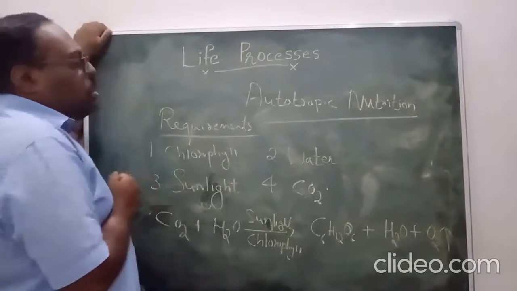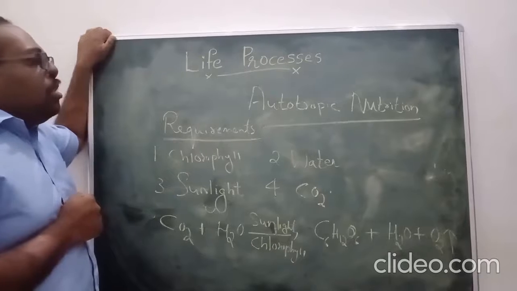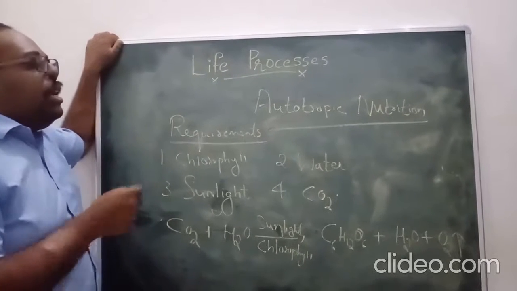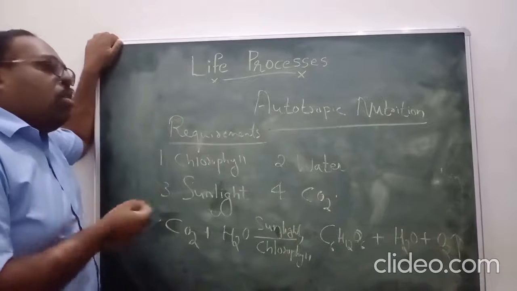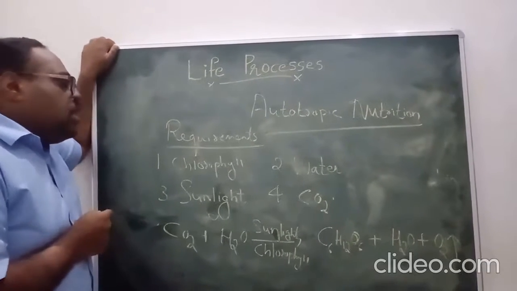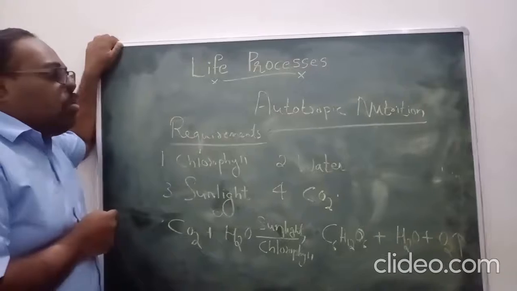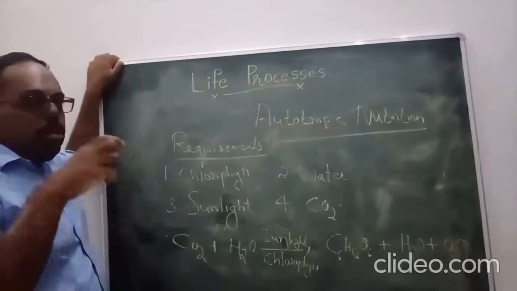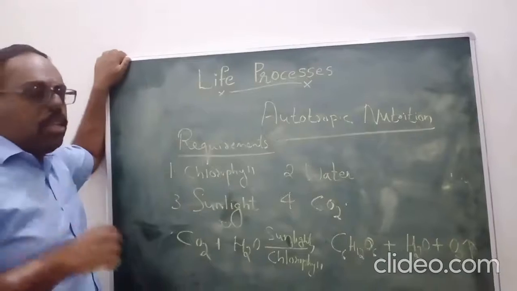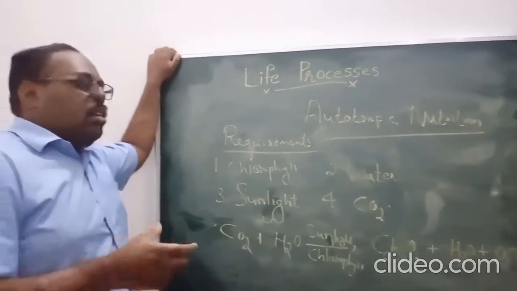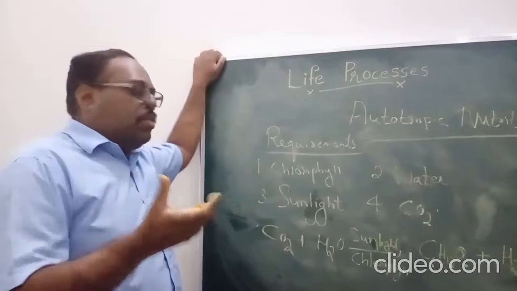First, we will come to autotrophic nutrition. Autotrophic nutrition mainly depends upon plants or any organism which has chlorophyll inside. So we have to know the requirements for autotrophic nutrition, that is, what is naturally available to the plant and how they produce food from that.